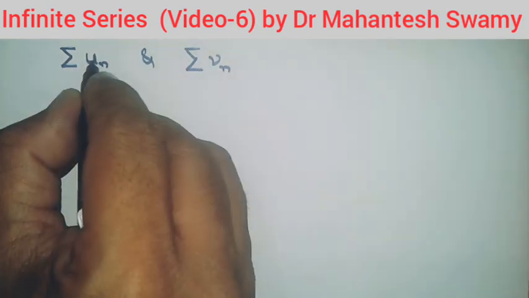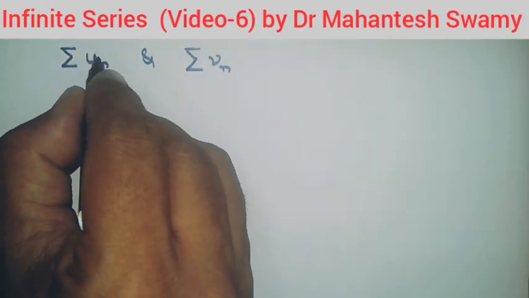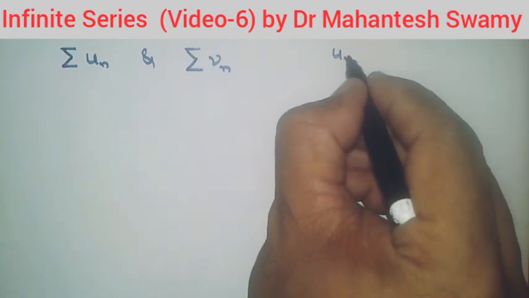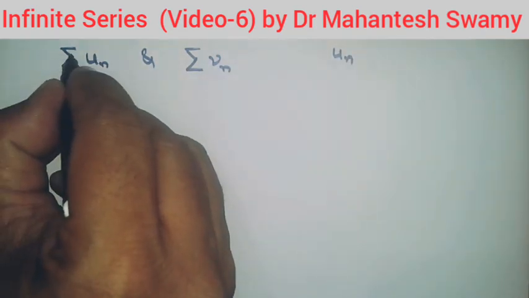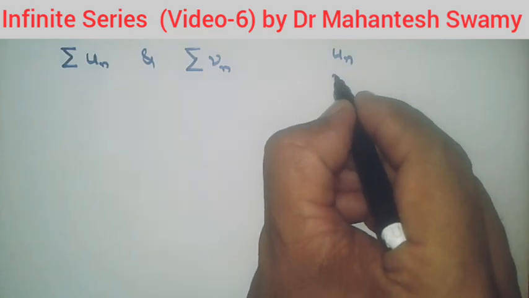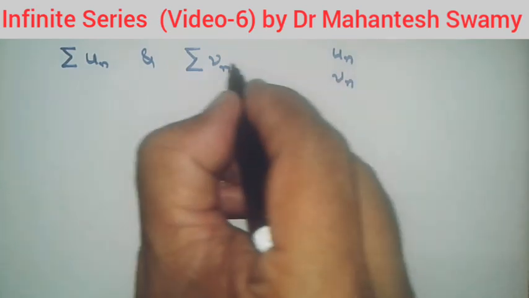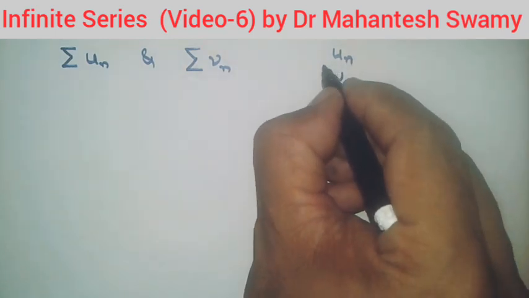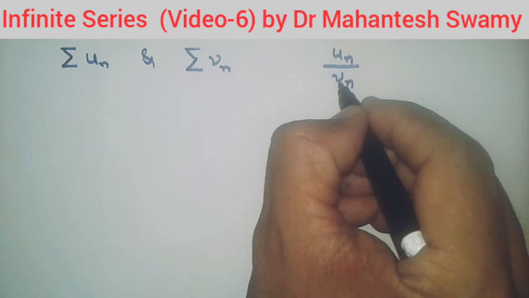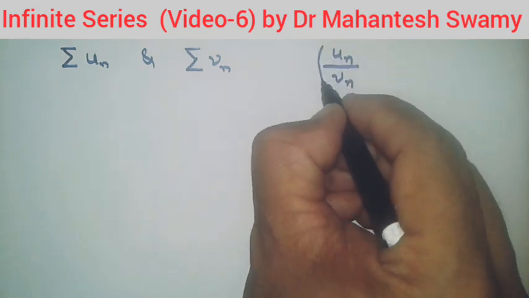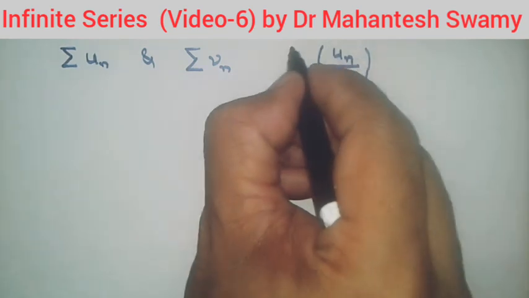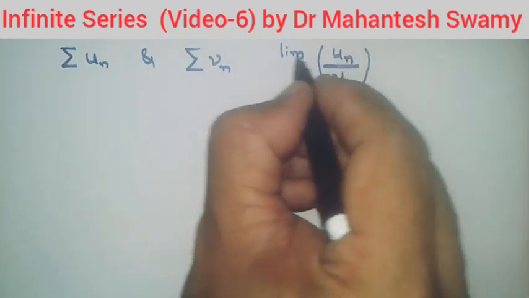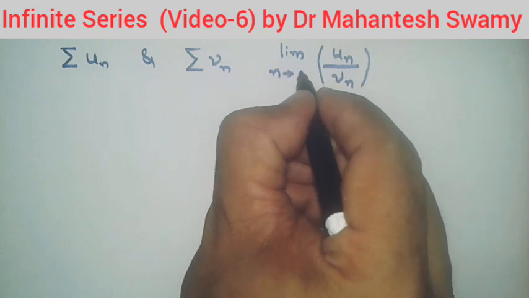and then we have to consider the nth term of this series. We have to find out the value of the nth term of the given series, and the value of the nth term of the second series, that is vn, and we have to consider their ratio, un divided by vn, and find the limit of this as n tends to infinity.